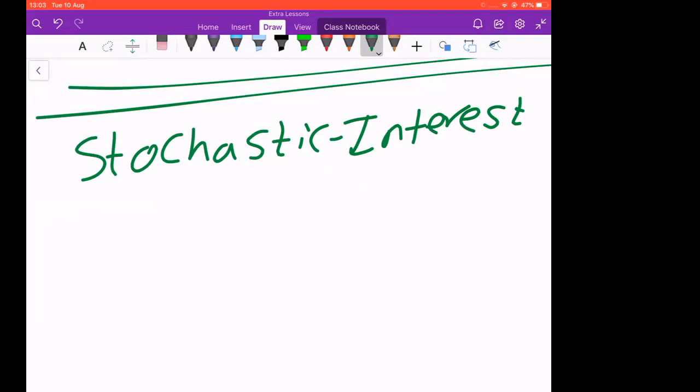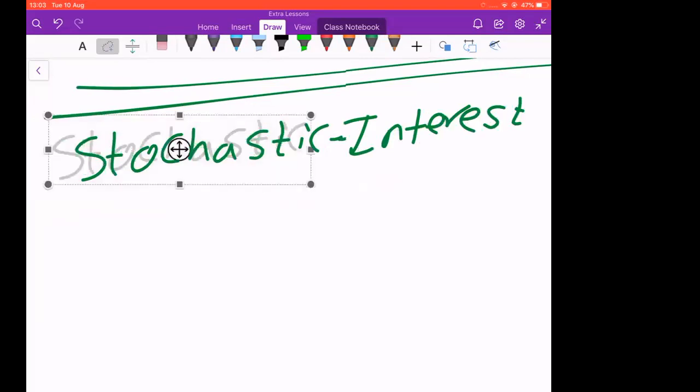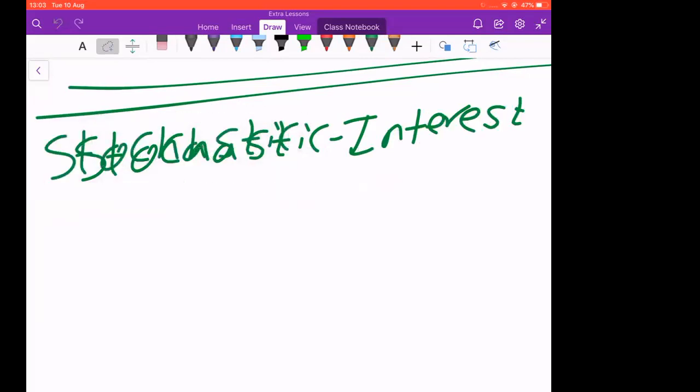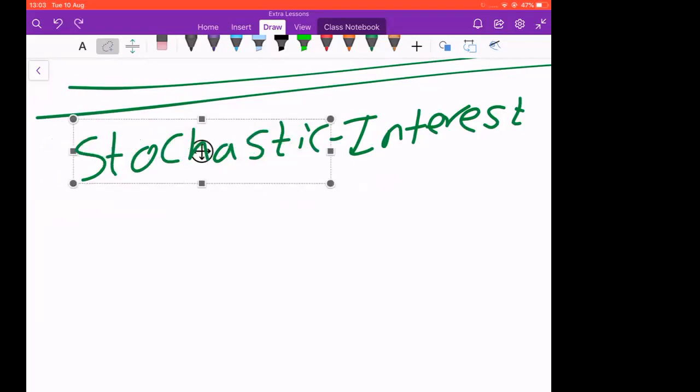Now you are going to study interest rate as a variable, and these variables are going to be independent from each other, right?